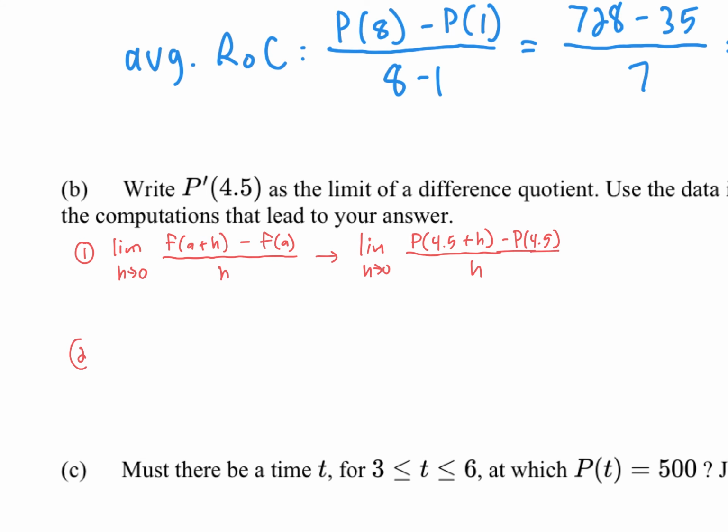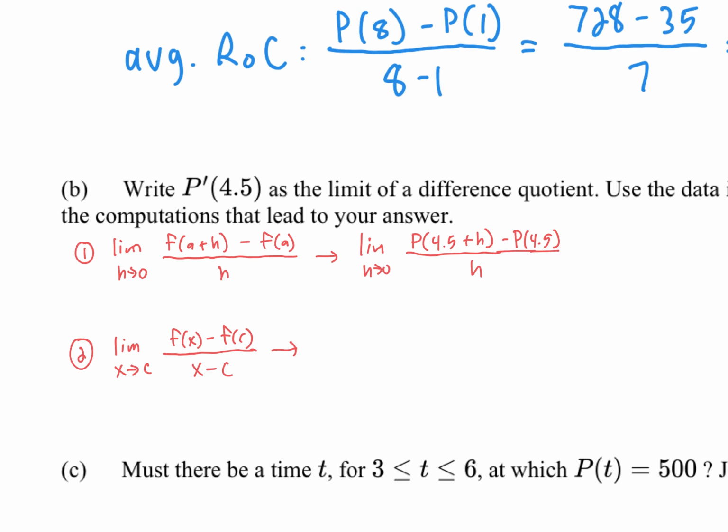A second way to write the difference quotient, the general form, would be the limit as x approaches c of f of x minus f of c over x minus c.